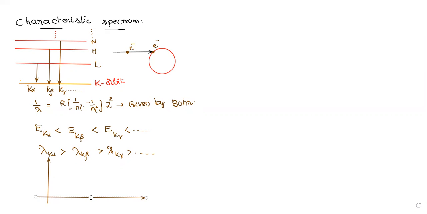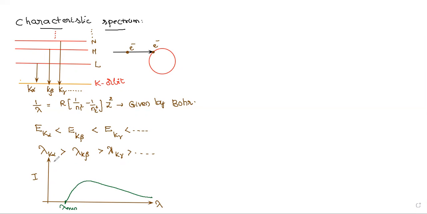Same as in the previous class, what I explained, the intensity versus wavelength graph. As usual, first I draw the continuous spectrum. This is common, I told you yesterday. It starts from lambda minimum. How to find that lambda minimum, I also gave one formula for you all.